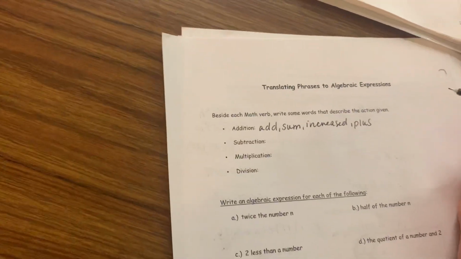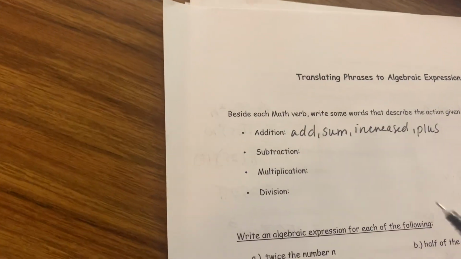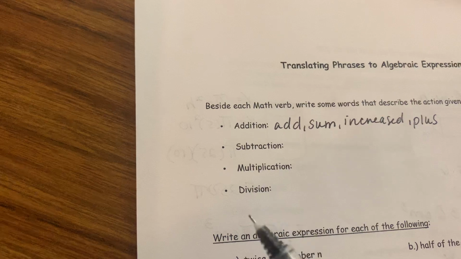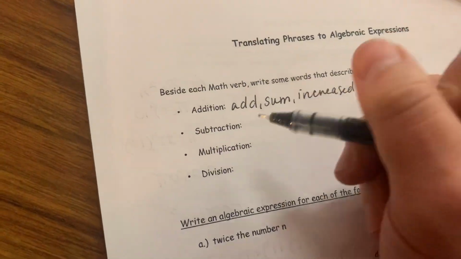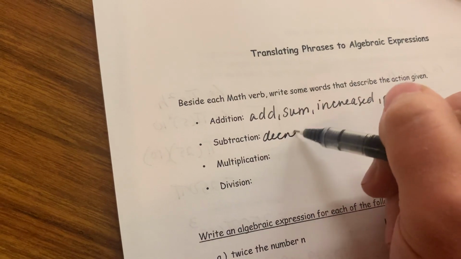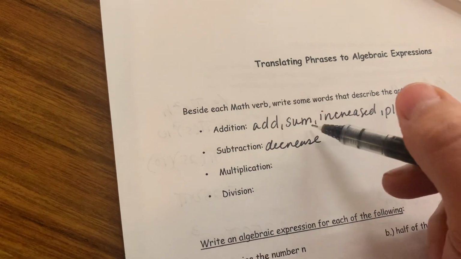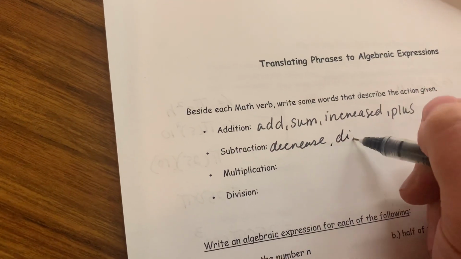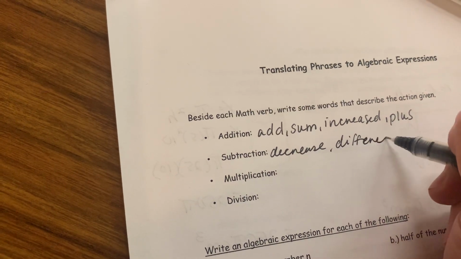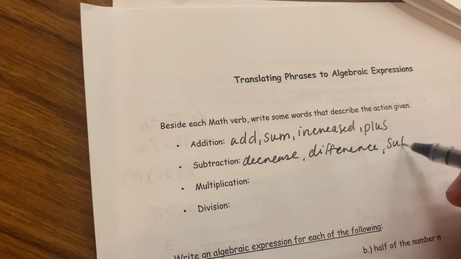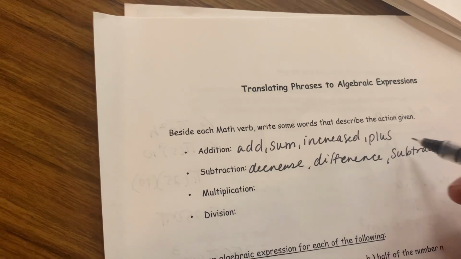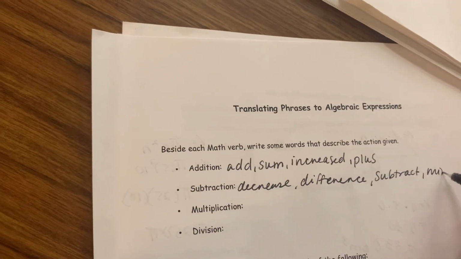I encourage you to pause the video and try to come up with ones for subtraction, multiplication, division. For subtraction, we say decrease. Sum, we'd say difference is the opposite of that. If you see add, subtract, maybe opposite of plus, minus.